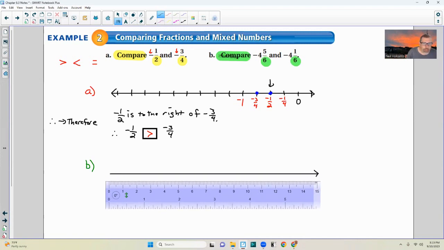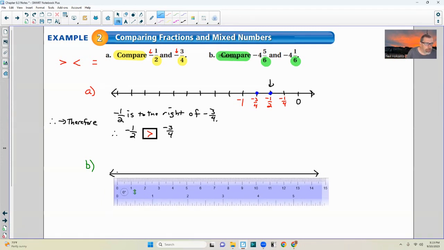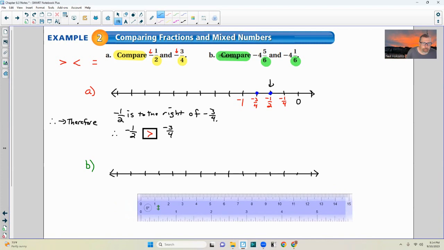Put an arrow here and here. Bring this up and put marks every centimeter apart. Okay, and now I'm done with this. So let's get rid of that.